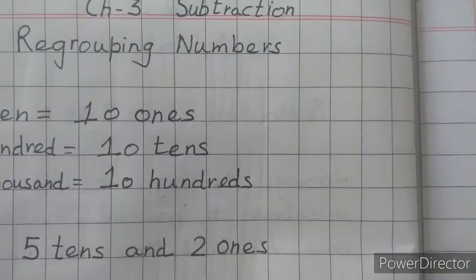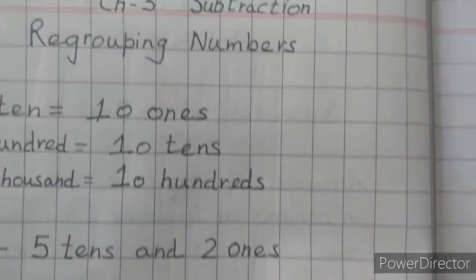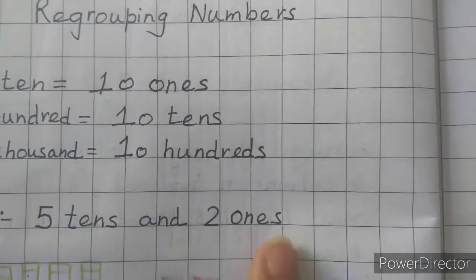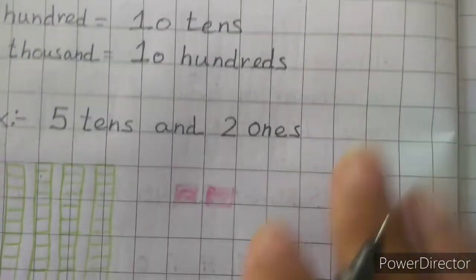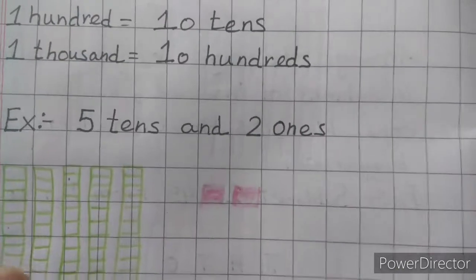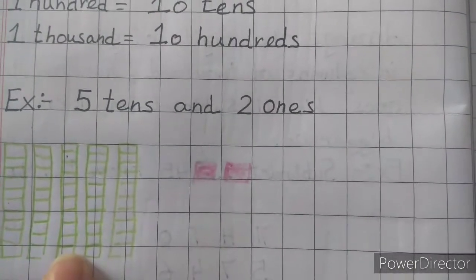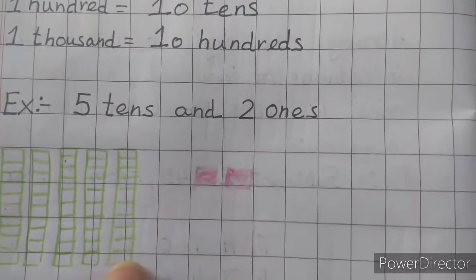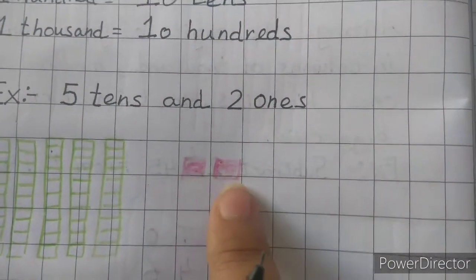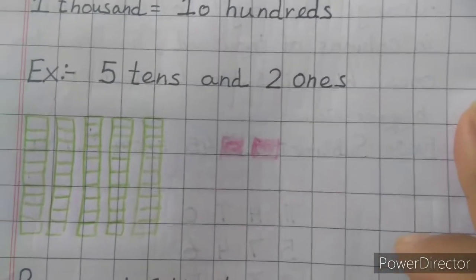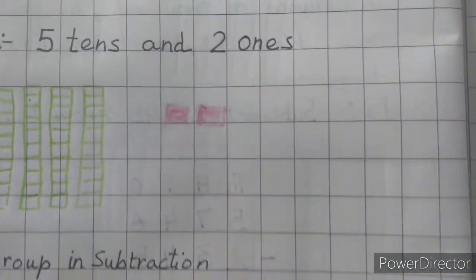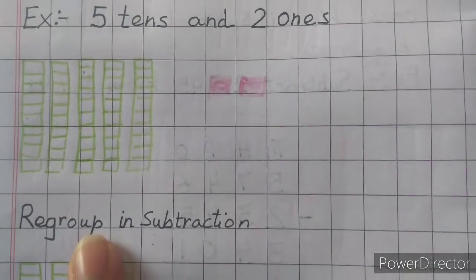Now, let us take this example to understand it better. Suppose there are 5 tens and 2 ones. 5 tens means I have 5 bars of tens: 1, 2, 3, 4, 5. And 2 blocks of ones: 1, 2. Now I have to regroup it for subtraction.